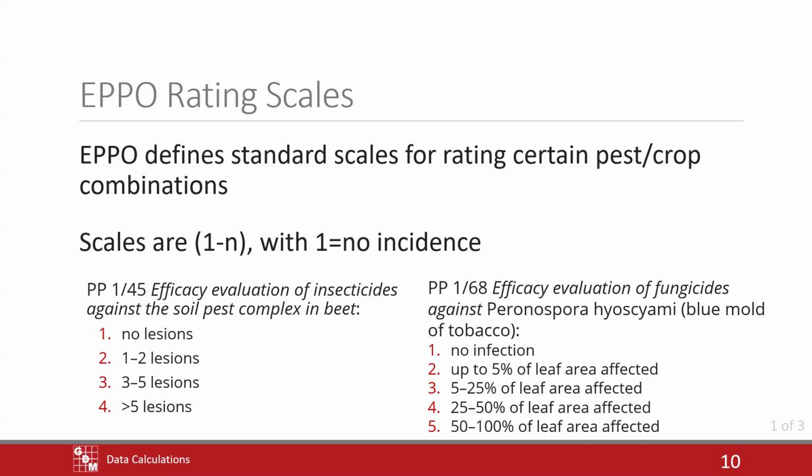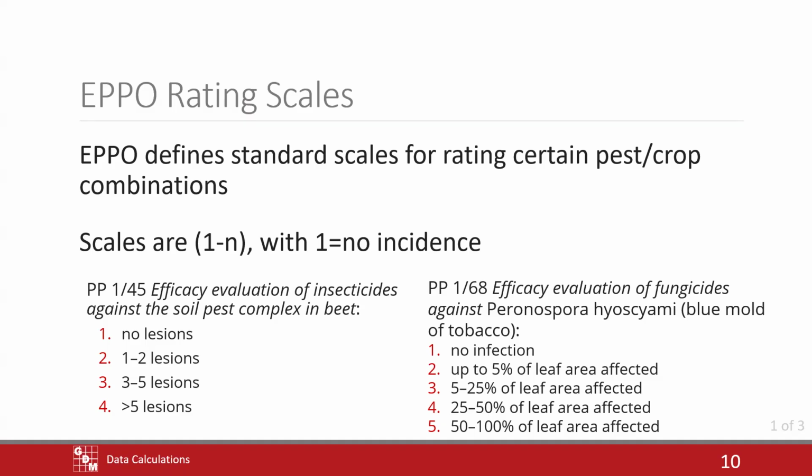They've defined some standard scales for certain pest and crop combinations, and they have a certain set of rules and parameters around them, so some of our calculations in ARM are geared specifically for these types of rating scales.